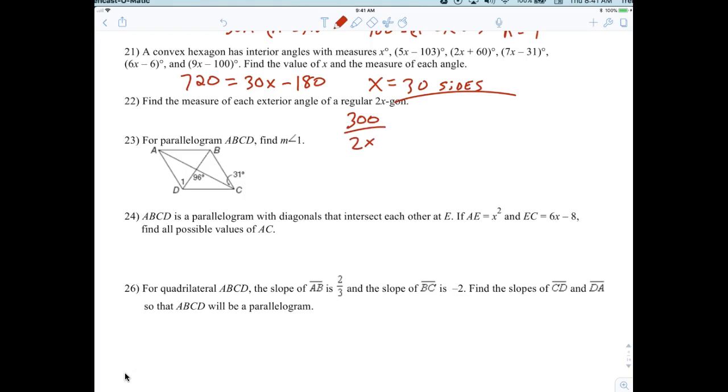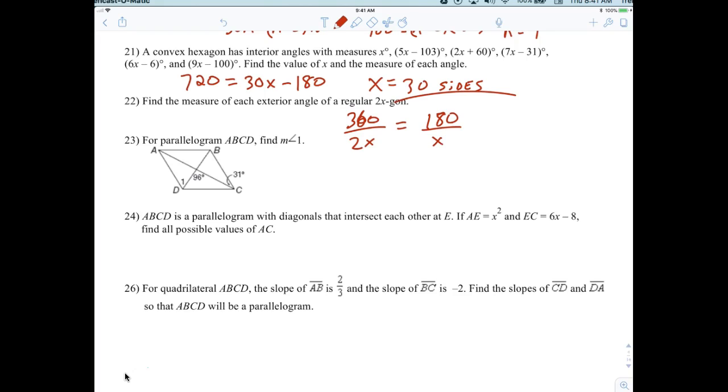So it's just 360 divided by 2x, which is the same as 180 over x. That's the answer. Of course, you can't solve for x, because x is just a number, anything.